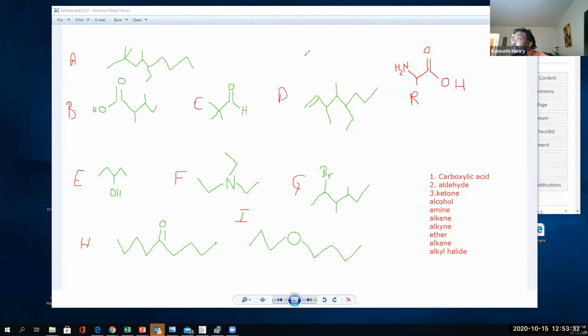Okay, and we said this is an amino acid. What is this group called? If you just saw this and a carbon attached to it, what would you call it?